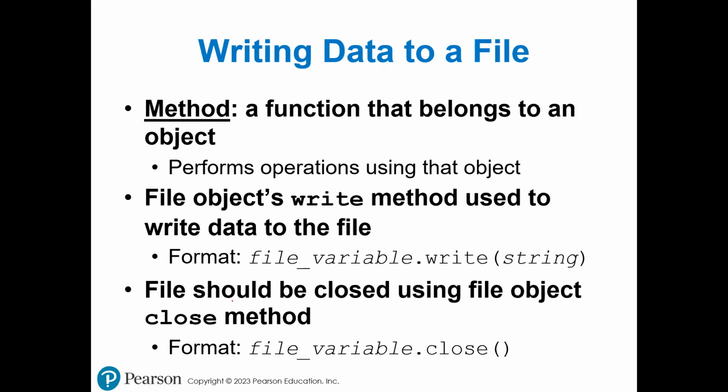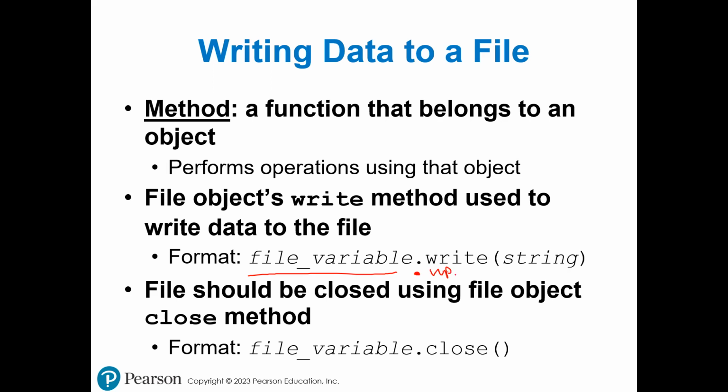Now, there are multiple methods that exist for you to work with files after you have opened them. After you open the file, there's a plethora of actions that you can perform on that file. So if you want to write some data to a file, you will put the name that you have created for your file object, and then you will put a dot write.